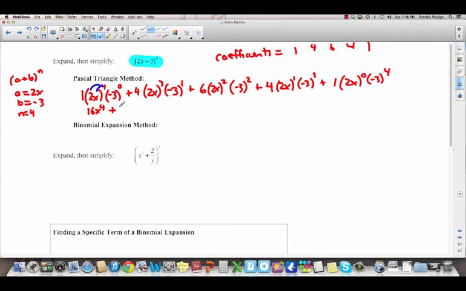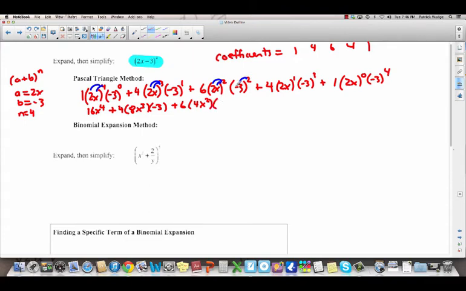Okay, second term, 4 times, we're spreading the love here. 2 cubed is 8, and then x cubed. And then we have negative 3 to the first power, which is just negative 3. Third term, 6, 2 squared is 4, and then an x squared.